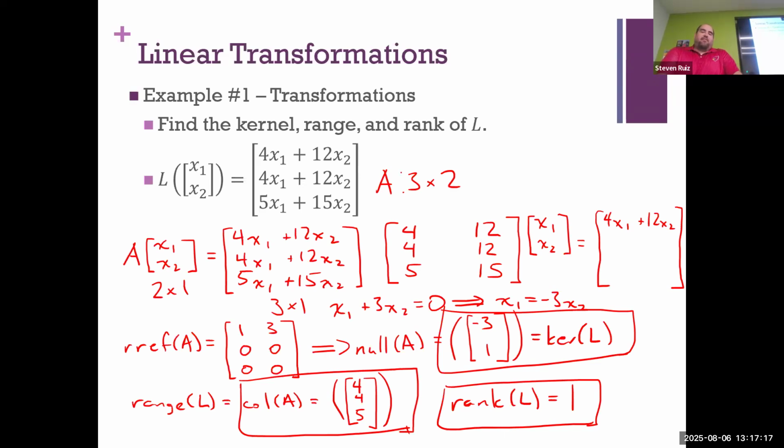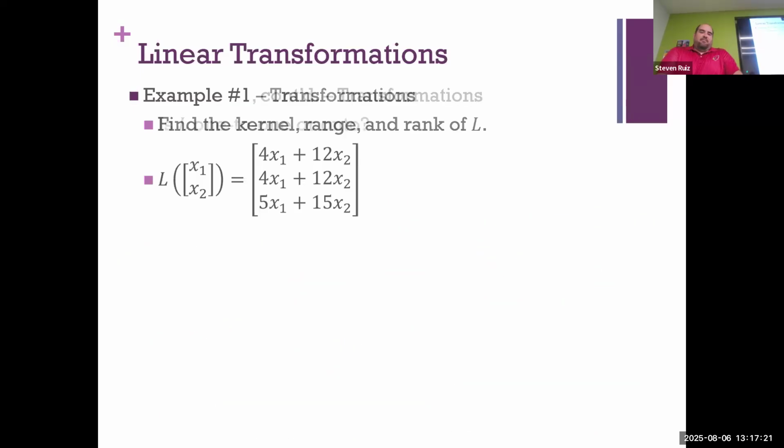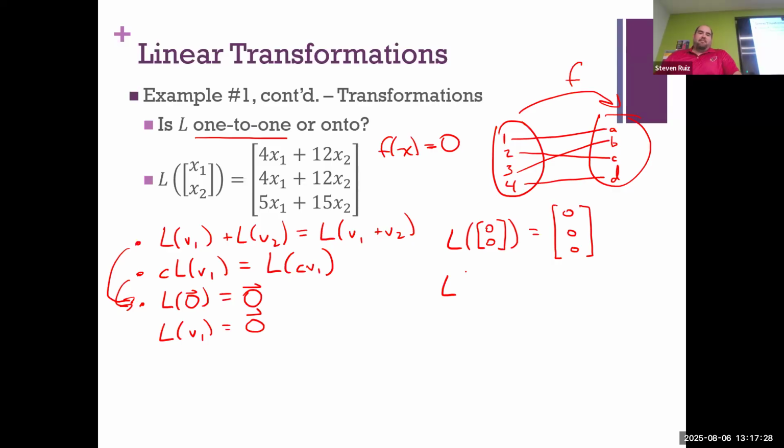Right. So the fact that our null space has that basis means that you can take the vector from that basis. What is L of -3, 1? It better be 0, 0, 0, because we said that's the basis for the null space.